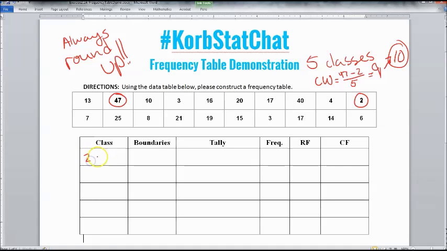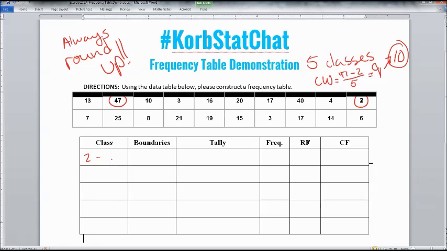So we start with 2, and we need to include 10 numbers in our first class. So 2 to 11 is our first class. If you take the difference there, it would be 9, but that would be the range of that class. The class width includes 10 numbers.